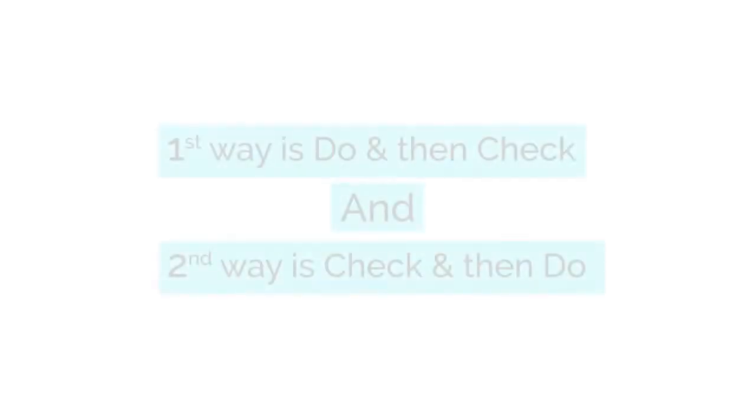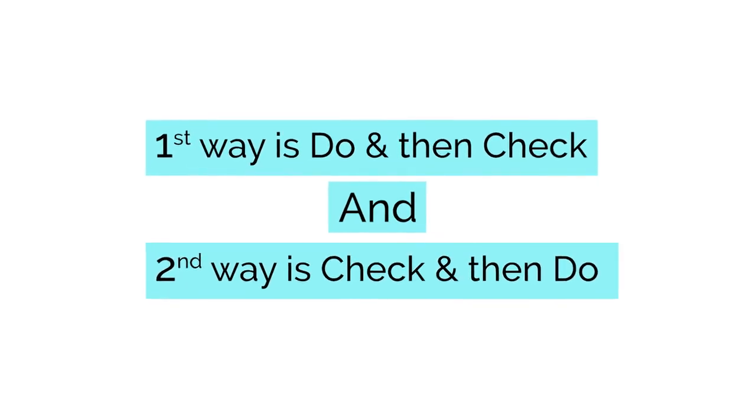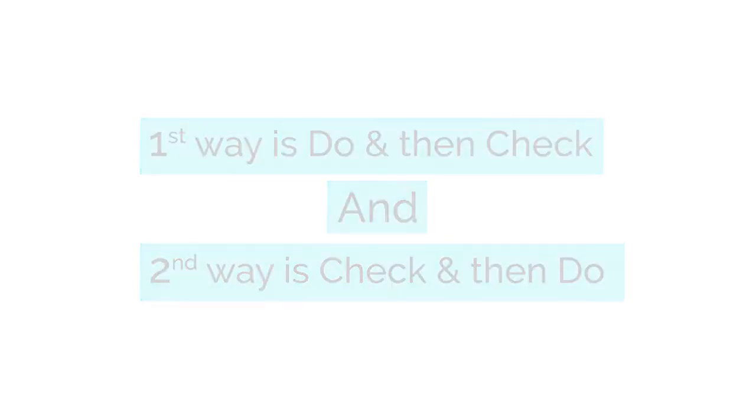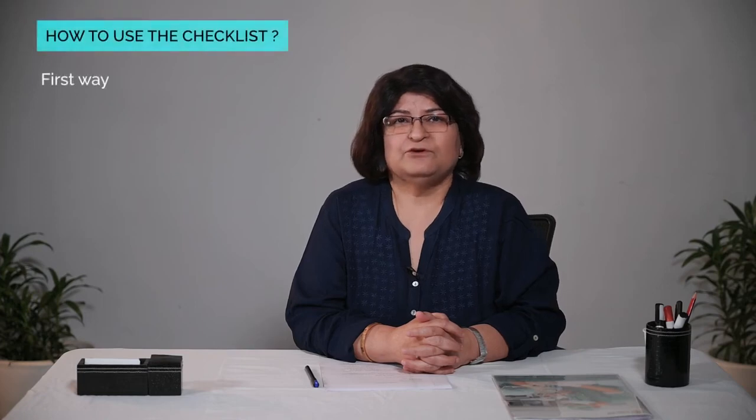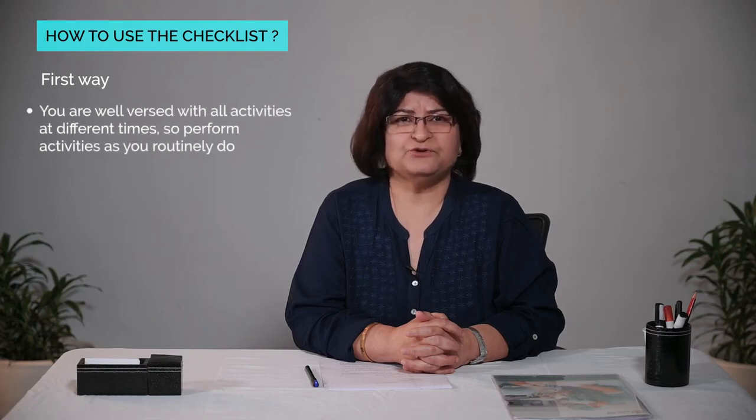Now let us learn how to use the checklist. The checklist can be used in 2 ways. The first way is do and then check, and the second way is check and then do. In the first way, you are well versed with all the activities at different timings, so perform all the activities as you routinely do.